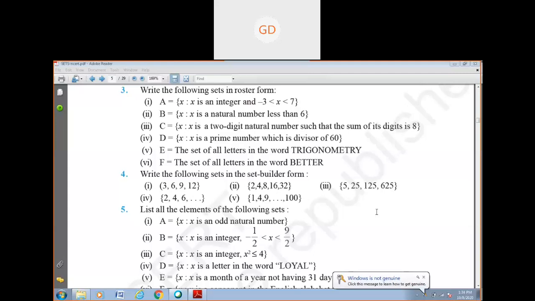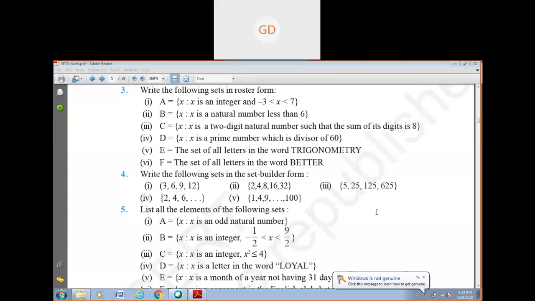If we put 1, 1 square is also less than or equal to 4, so 1 is also an element. If we put 2, 2 square means 4, the equal sign is there, so 2 is also an element. So we have got positive elements 0, 1 and 2. 3 elements we have got.